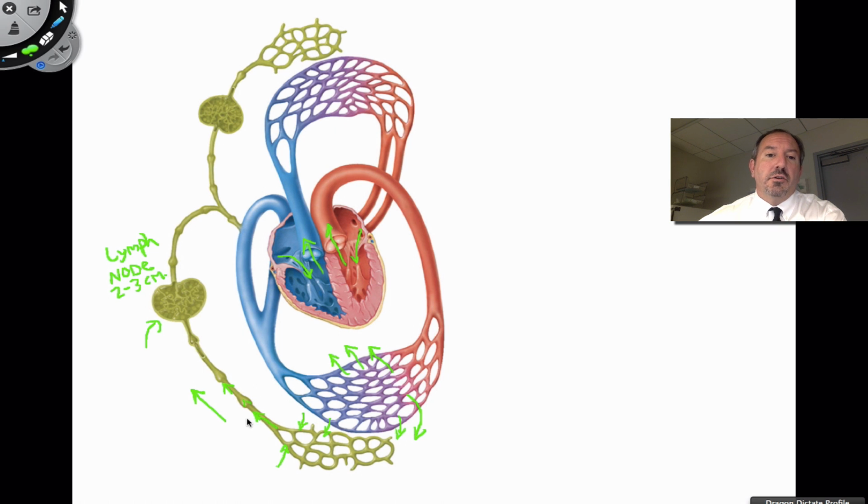They're spread out all through the body, and they're basically cleansing the lymph of bacteria. They're like little police stations that house white blood cells, and they take care of the bacteria as it moves from node to node to node. And then ultimately the lymph re-enters the circulatory system, to make sure that the tissue isn't swelling.